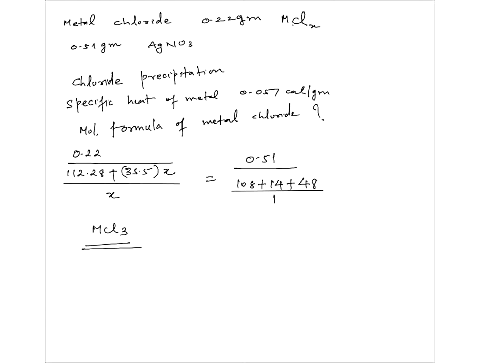You want to find out what is X. So it is given that 0.22 grams of it react with 0.51 grams of silver nitrate. Specific heat of metal is 0.057 calories per gram. What is the molecular formula of metal chloride? Or in other words, what is X?